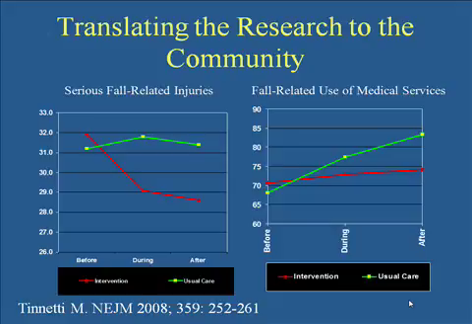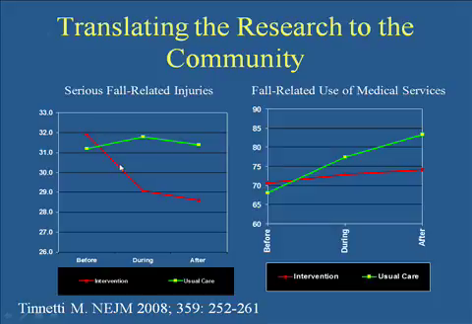And you can see here that in their particular study, if you look at serious fall-related injuries, which is the graph here on your left, this would be the intervention group, where at baseline, the intervention group and the usual care group had essentially the same rate of fall-related injuries.